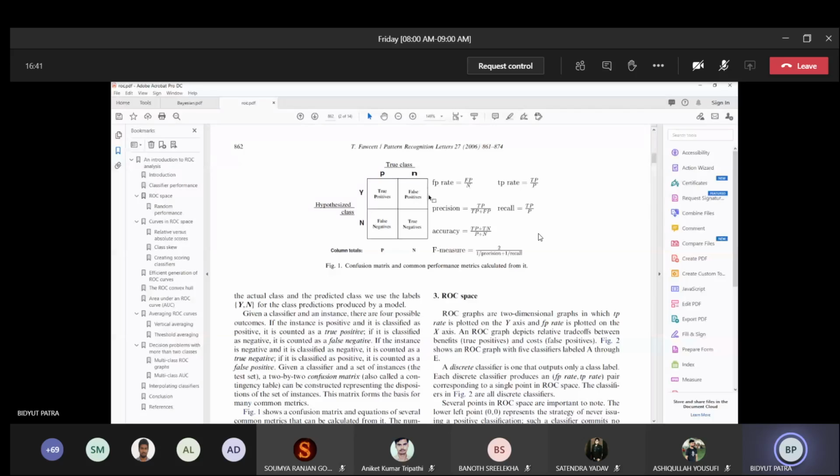Therefore, the classifier always says all samples belong to the negative class. So in that case, the false positive rate and true positive rate will both be 0.